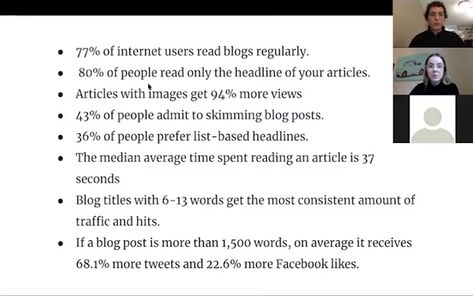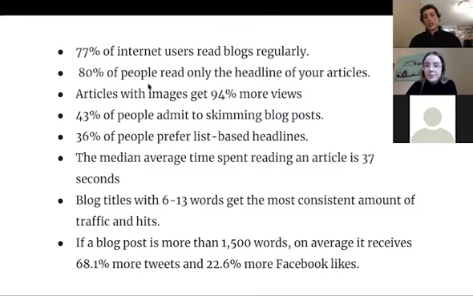Another one, 36% of people prefer list-based headlines. So that's 10 must-haves, 10 best tips, those types of articles. If the blog post is more than 1,500 words on average, it receives 68% more tweets and 22% more Facebook likes. So I do recommend probably over 1,000 words per blog post.